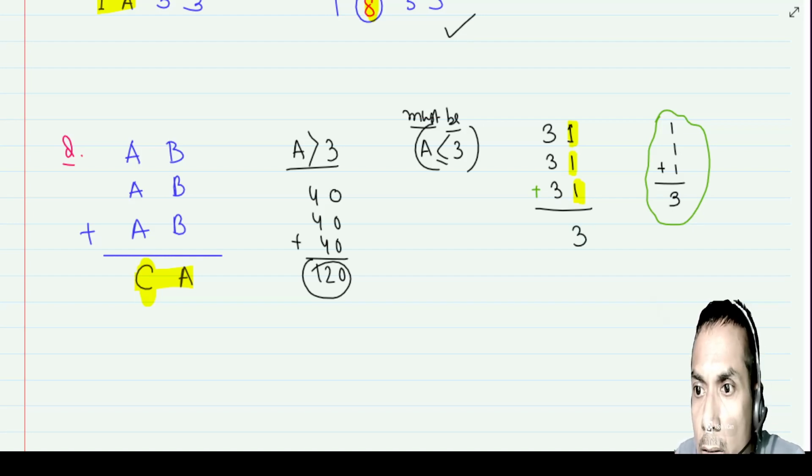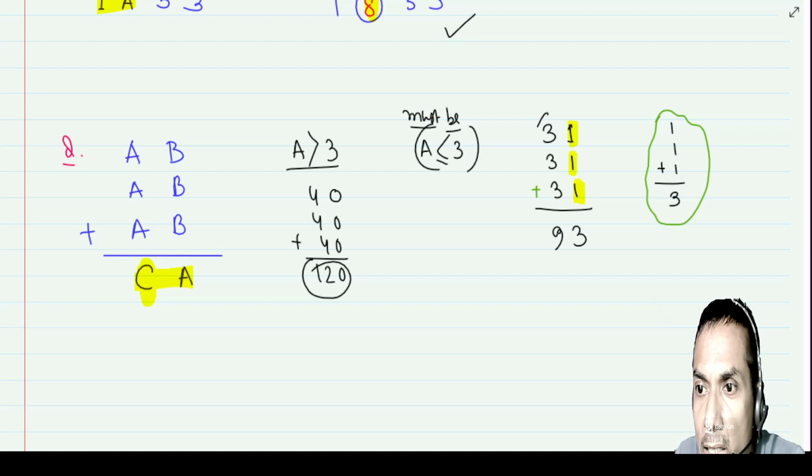And here we get 9, which means it is also a 1-digit number, because if A is more than 3, it never generates a 1-digit number. Clear? So now it is okay. 31 plus 31, that is 3, and that is 3.